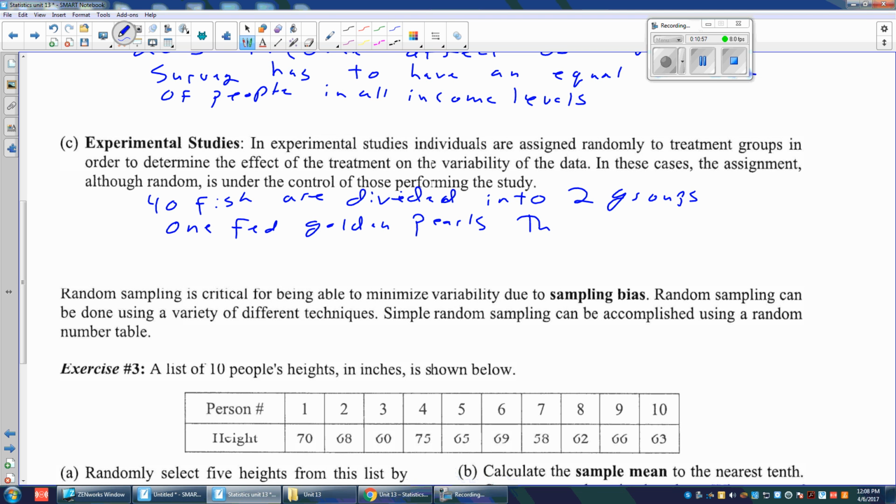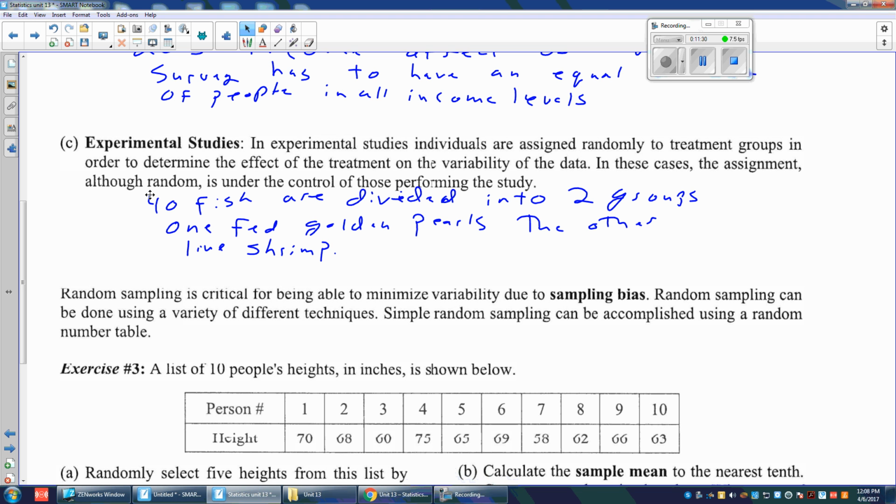The other, live shrimp. And what we want to do is determine the growth rate. So here, it's not the population that's changing, it is what we're doing to the population that's changing. Okay, so that's an experimental study.